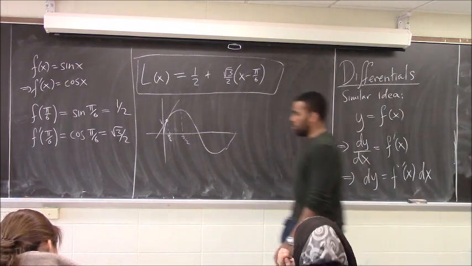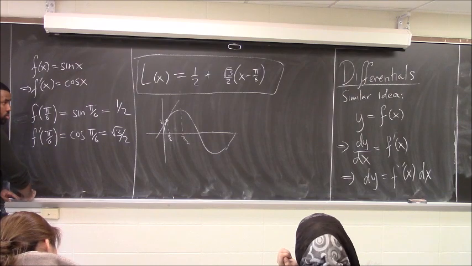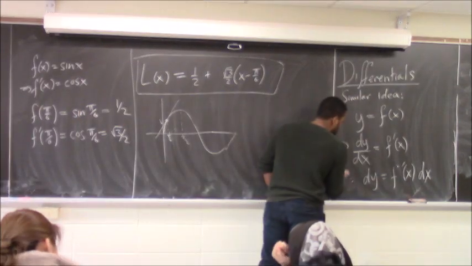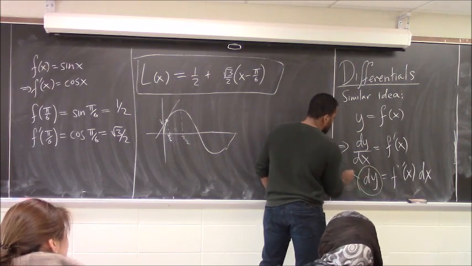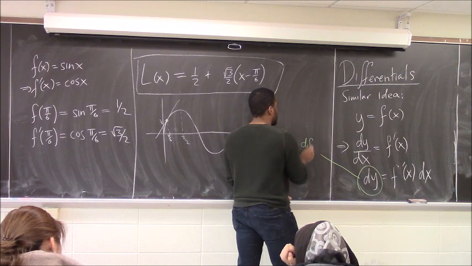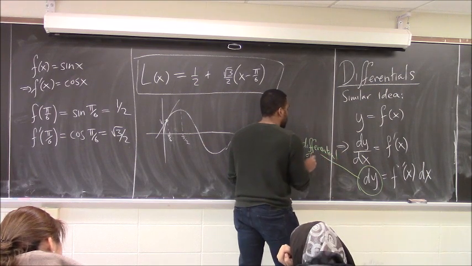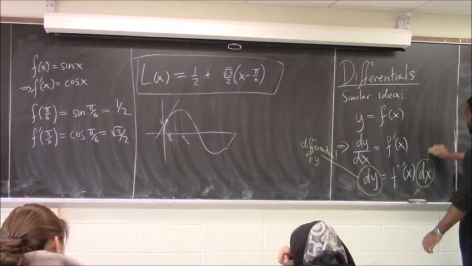Whenever we break up the Leibniz notation and think of dy and dx as separate entities, we call them differentials. This is called the differential of y, and this would be called the differential of x.